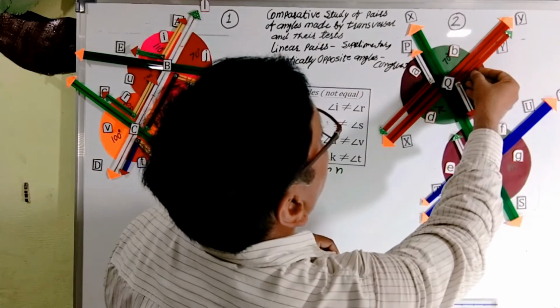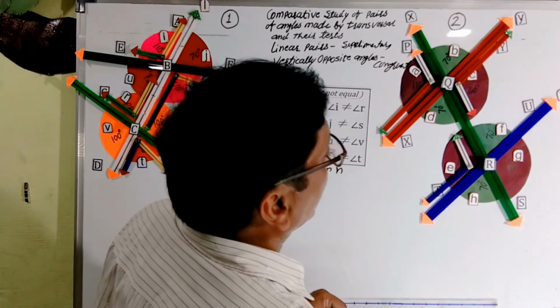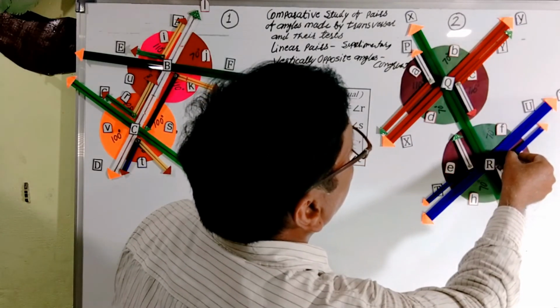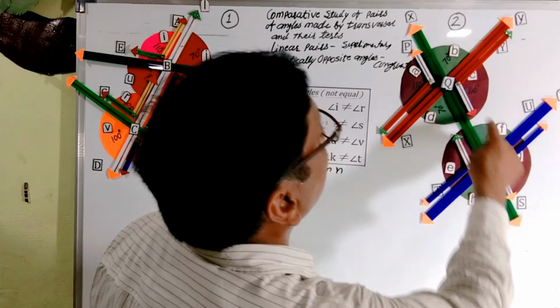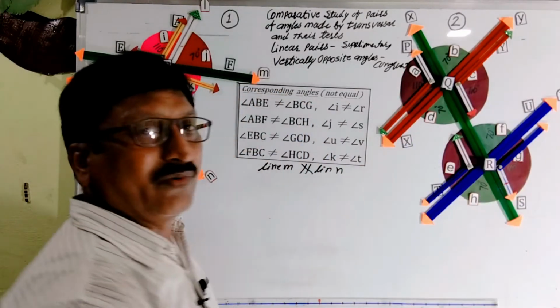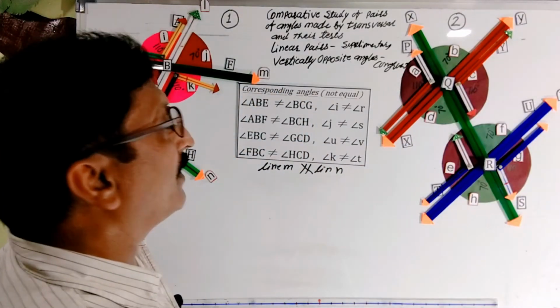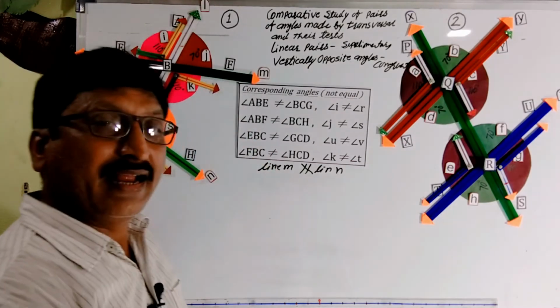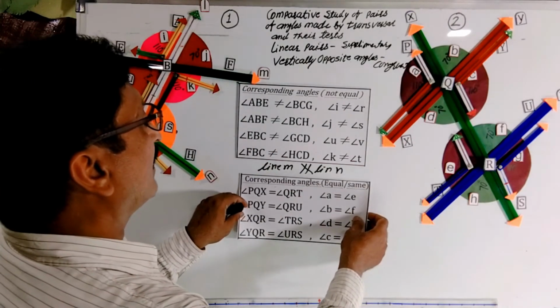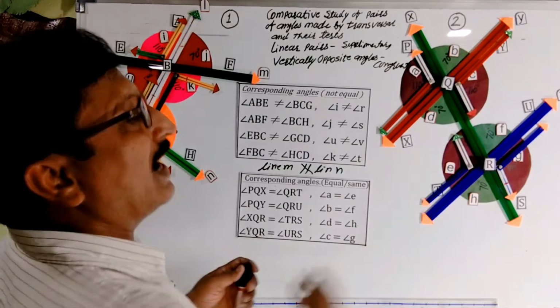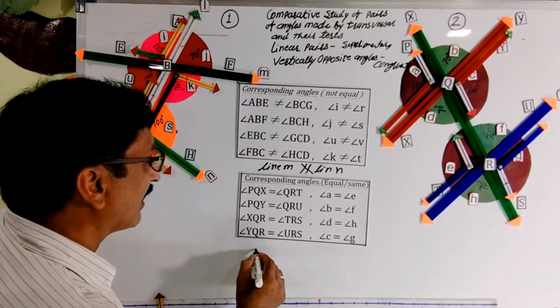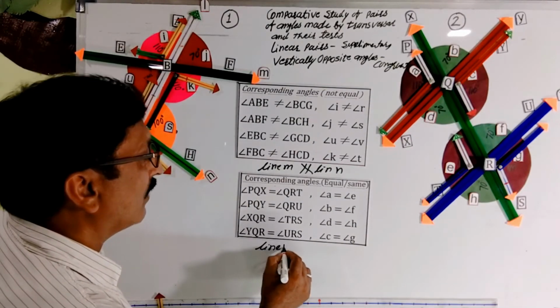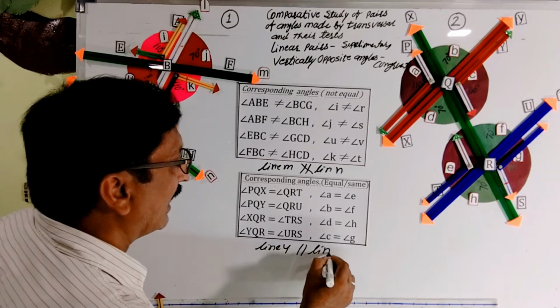We can show this angle and the corresponding angle of that angle is here, angle C and angle G. The measure of these angles is also 110. That means whenever the corresponding angles are equal, then we can say that lines Y and Z are parallel. You can write here line Y parallel to line Z.